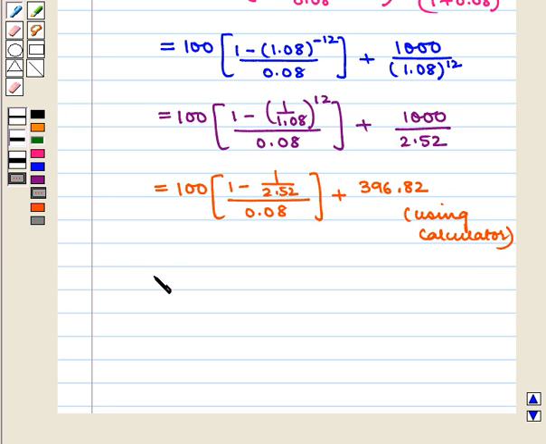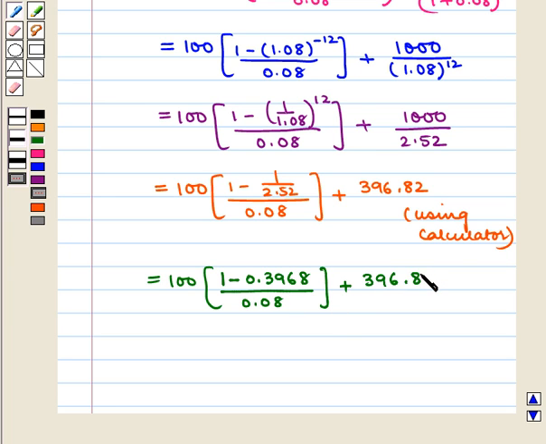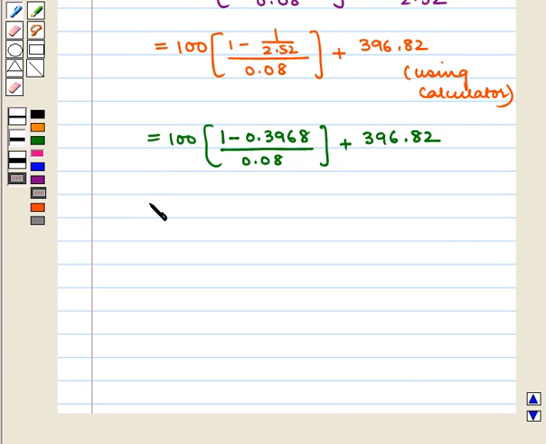Now again, this will be equal to 100 into 1 minus 0.3968 the whole upon 0.08 plus 396.82. Again, by using the calculator, this is equal to 754 plus 396.82, which is equal to 1150.82.